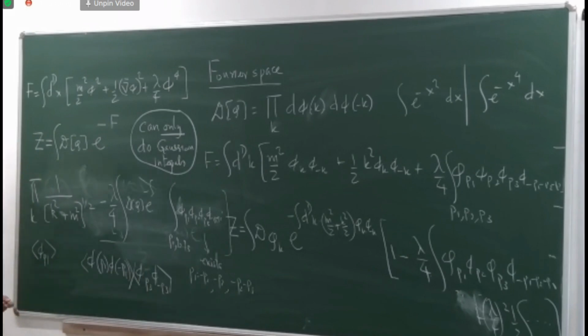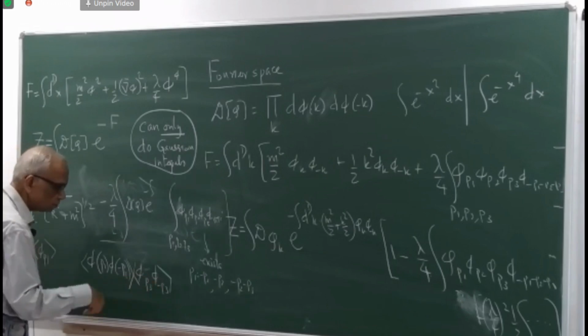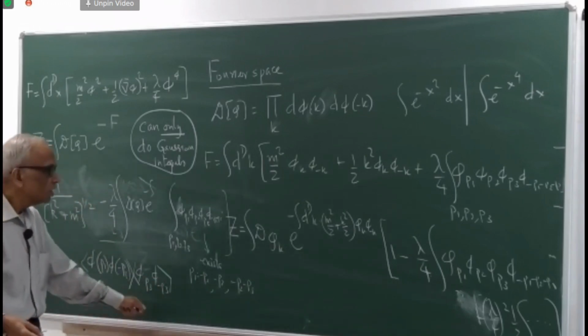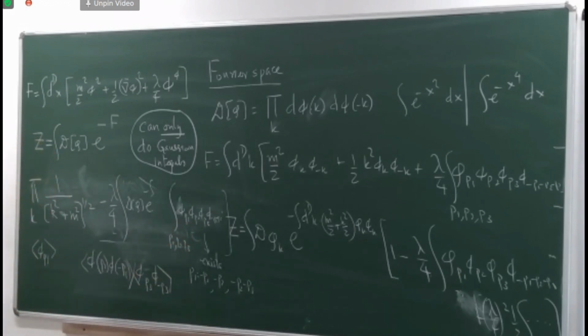And so I know what this is, that is 1 over P1 square plus M square. This is also 1 over P1, this is 1 over P3 square plus M square. So you have this over here.